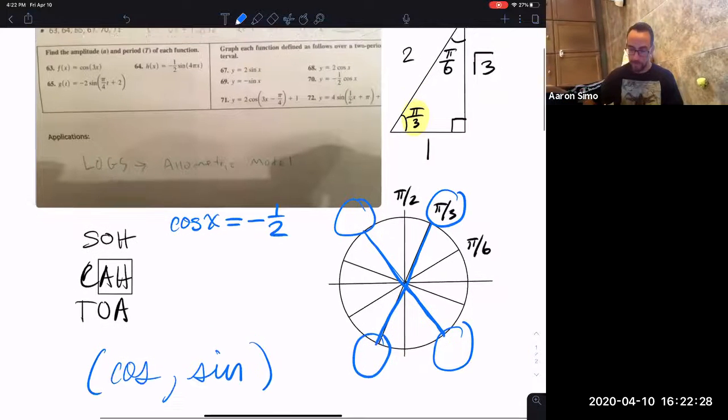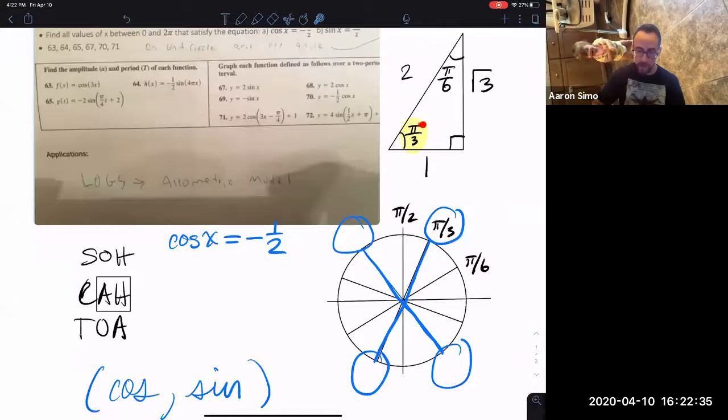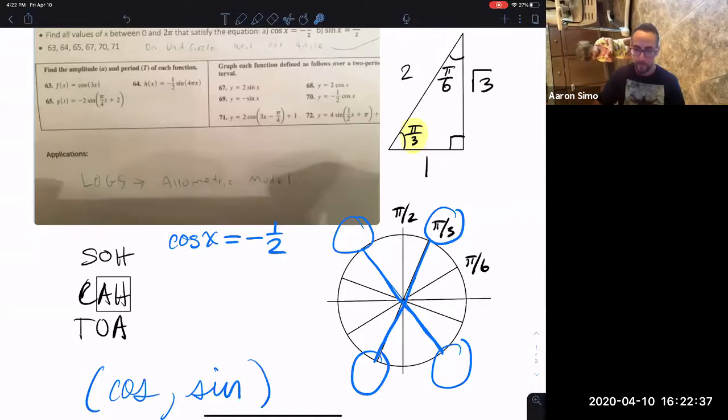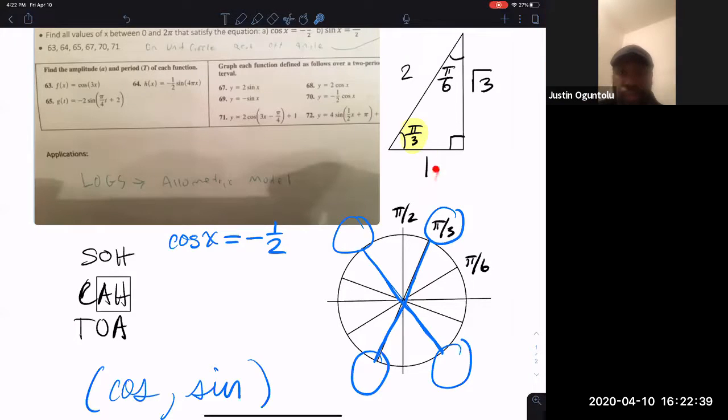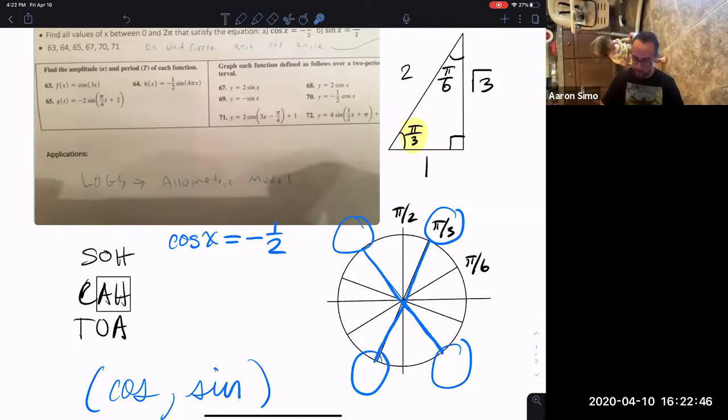Why are we at a reference angle? Because remember how I was telling you earlier, pi over 3 was 60 degrees. It's the bigger angle because it's 1/2. So we know that we're here, here, here, and here.